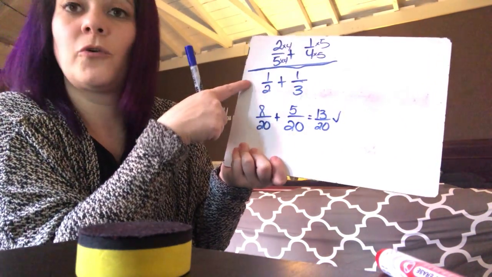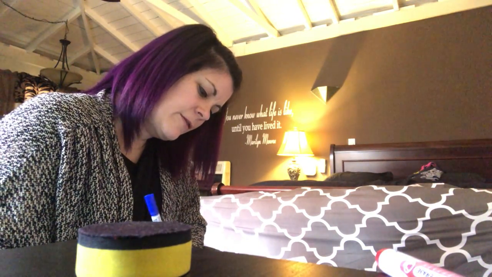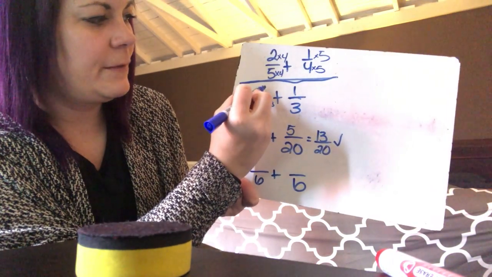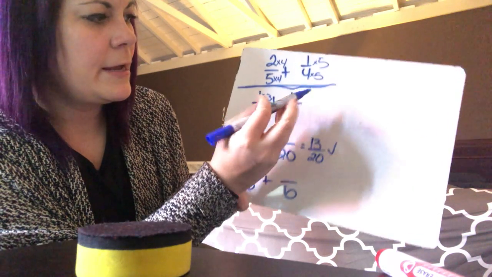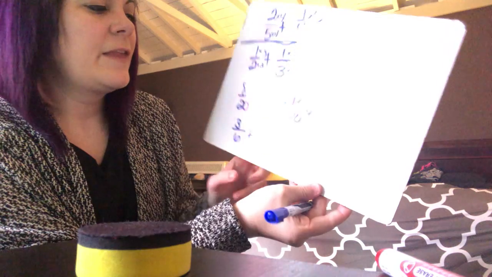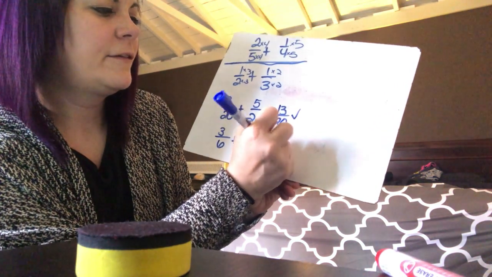Now we're going to do the same to our denominator. 1/2 plus 1/3. So our common denominator there is 6. 2 times 3 gave me 6, so 1 times 3 is 3. 3 times 2 gave me 6, so 1 times 2 is 2. And then we're going to simplify that. 3 plus 2 is 5, over 6.